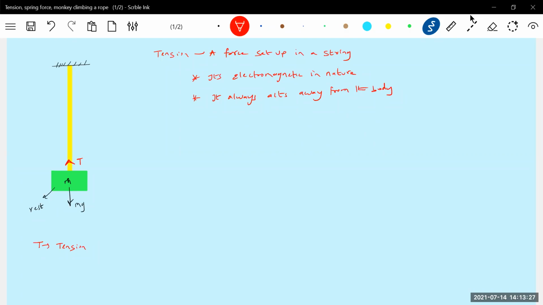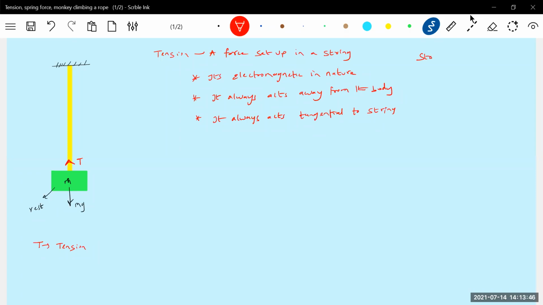Then sir, what else? Further, it always acts tangential to the string or rope.